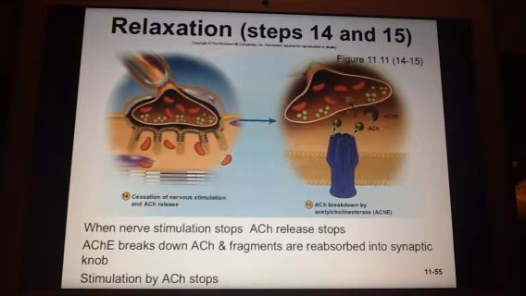And so the muscle cell that was stimulated by the acetylcholine, that also stops because the acetylcholine is no longer there. I like this part of the process because it reminds me that anytime you have a stimulus that keeps going, the process is going to keep going. So this helps me understand that once the acetylcholine is broken down and it's no longer stimulating the muscle fiber, then the contraction can stop.